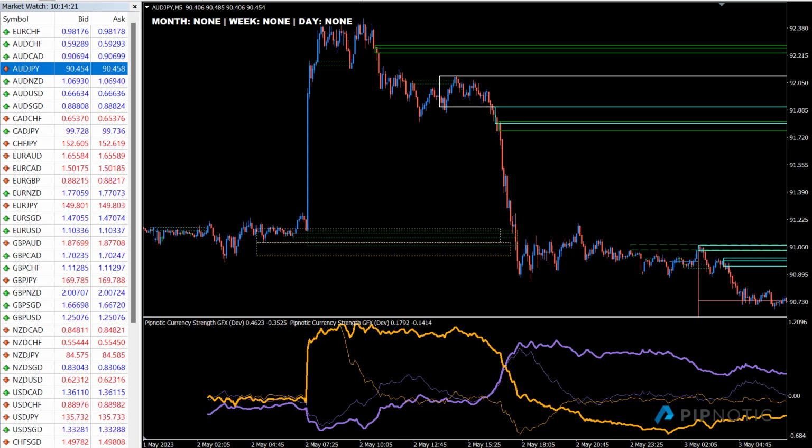We started to see that around here, and maybe around here. This is showing us that we have strength in the Aussie and weakness in the yen, but the shorter term is telling us that this is not sustainable, and the Australian dollar is burning off, and the Japanese yen is increasing in strength relative to the Aussie.